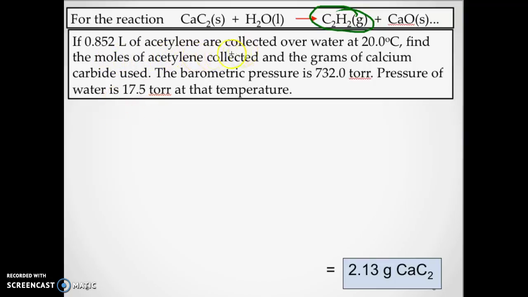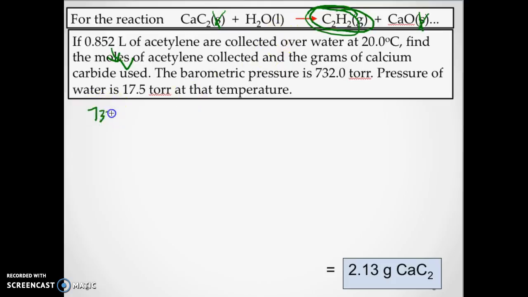So what we're going to do is identify these. This is going to be V. This is going to be P. But there's a problem with P. We need the pressure of acetylene. And here we have the total pressure and the pressure of water. So because these are solids, we're going to assume that these guys do not contribute to pressure because they don't really collide with the container. The gas and the liquid do.